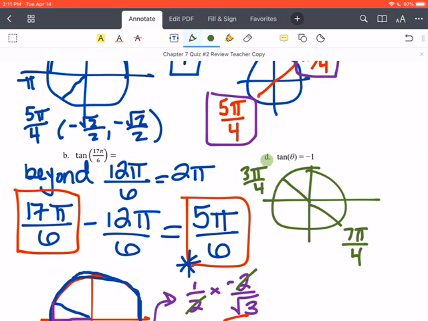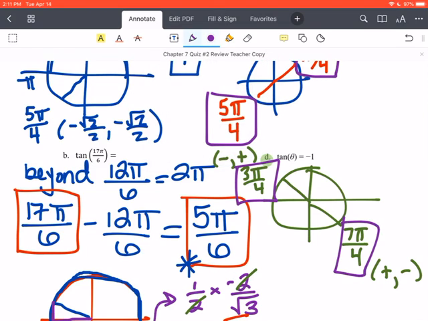In these cases, we have one positive, one negative, and the vice versa is true in quadrant 2, negative, positive. So if I take the same thing divided by the opposite, you're going to get -1. So theta could be 3 pi over 4 to make that true, or 7 pi over 4 to make that true. Okay, either one is going to work.